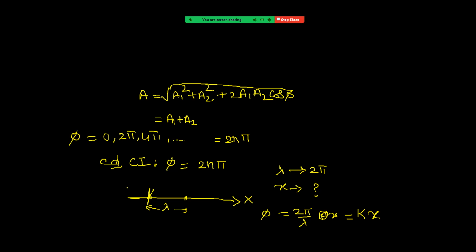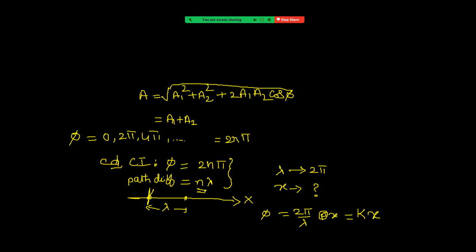Then we can write the condition for constructive interference: the path difference should be equal to n lambda. So in terms of phase it is 2n pi, and in terms of path it is n lambda. This is the condition for constructive interference.